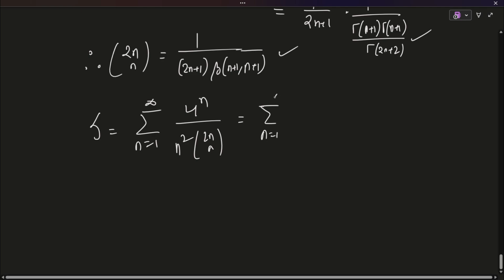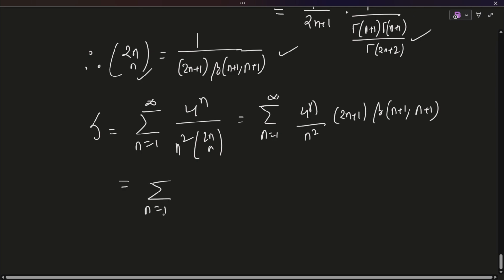The sum from n equals 1 to infinity of 4 to the power n upon n square. And now 1 by 2nCn from here can be written as 1 by 2n plus 1 into beta of n plus 1 comma n plus 1, correct? Then we can write the sum from n equals 1 to infinity of 4 to the power n upon n square, and we write the 2n plus 1 as it is.